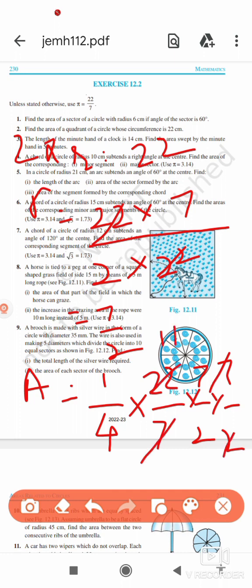So 11 sevens are 77 by 8. Right. So it would be 9.7 something.